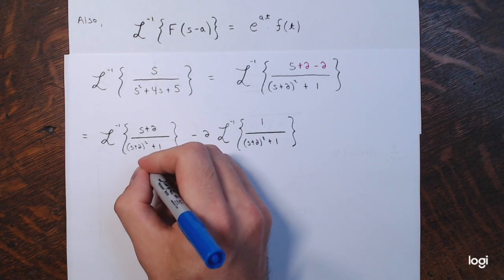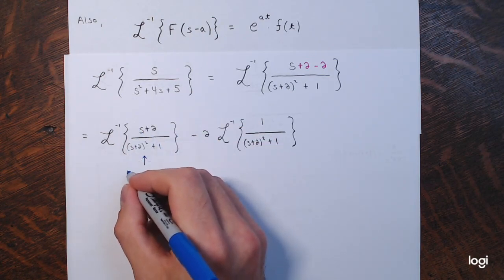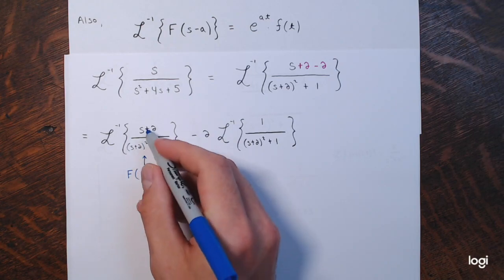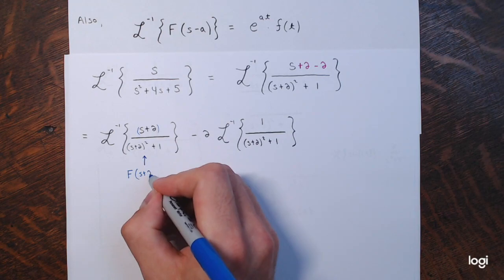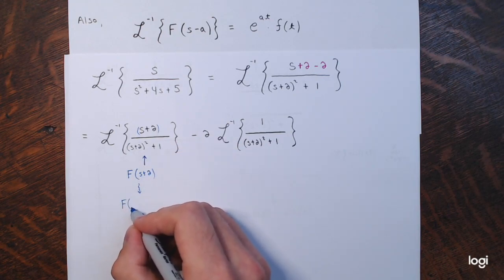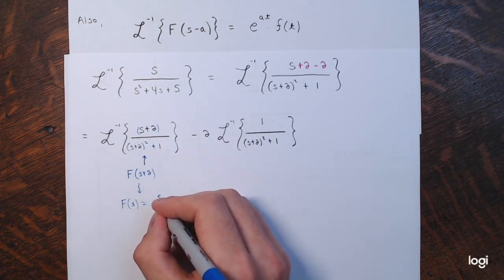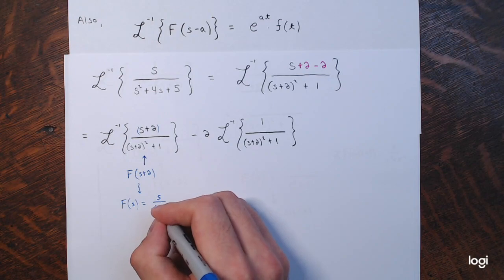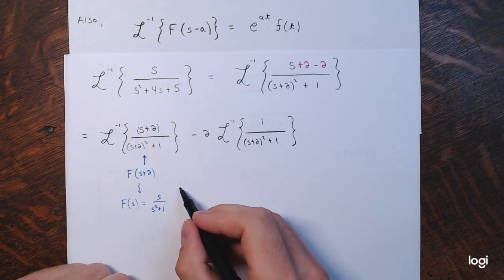So in this first inverse, notice that this is just some function where I could say the s's were replaced by s plus 2. And if that's the case, then that function, capital F of s, would simply be s over s squared plus 1. And hopefully you recall your Laplace transform rules.